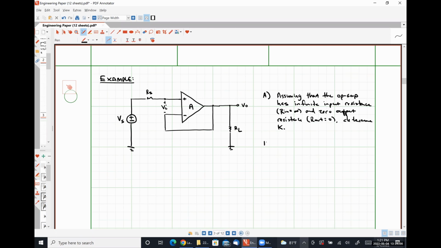And then B, let's say that our open loop gain, A, is 1,000 volts per volt.